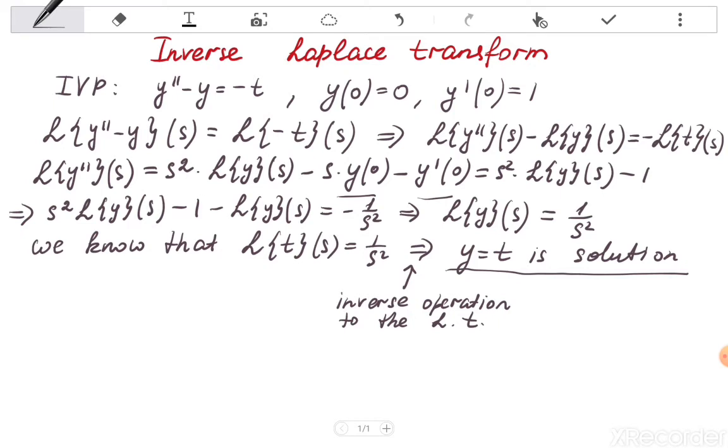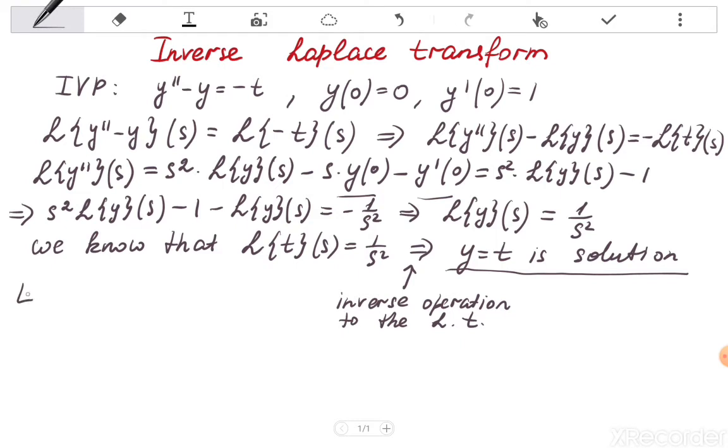But before introducing the definition of inverse Laplace transform, let's also think about the following fact. Is y equals t the only function for which the Laplace transform of this function is 1 over s squared? In fact, this is not.